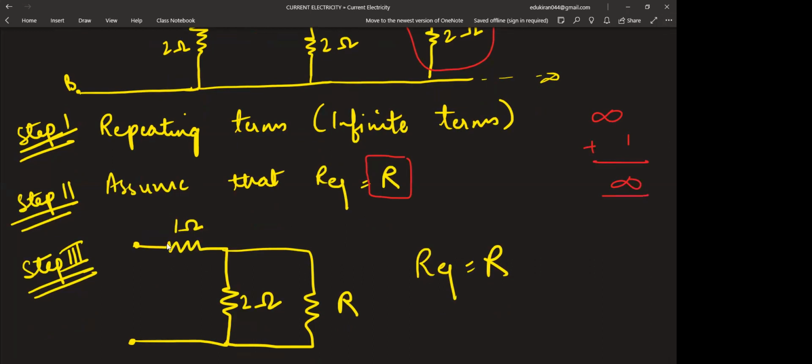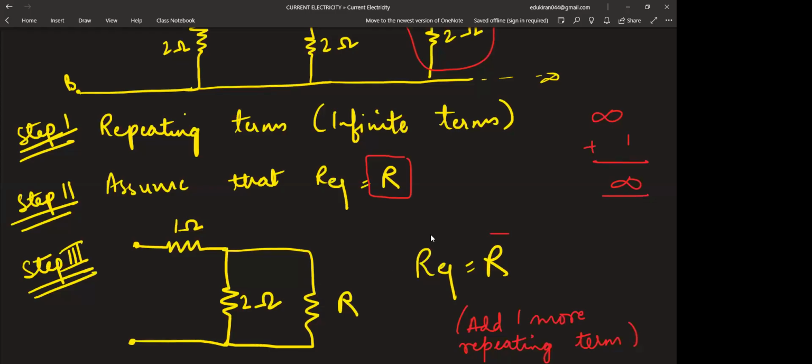So same thing here. If I just add one more repeating term, will my R equivalent be different? No. All these repeating terms, 1, 2, 1, 2, that were making this entire series, were infinite in number and their answer is R. If I just add one more repeating term, that won't make any difference.